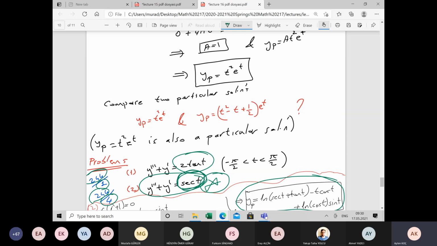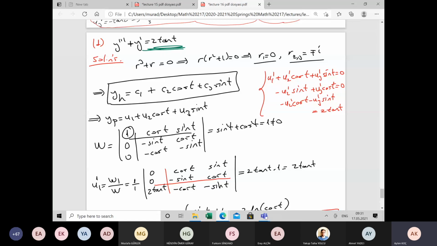It's okay. In the tangent t, last question, the homework, look at the corresponding homogeneous differential equation. Find the roots. The order is 3, so the characteristic equation is a polynomial of degree 3, so we obtain 3 roots: the first one is 0 and the second gives complex numbers.